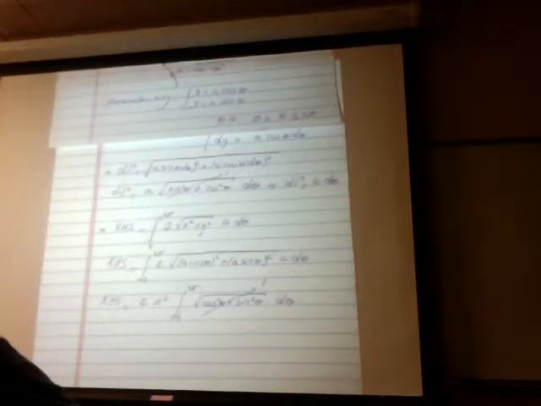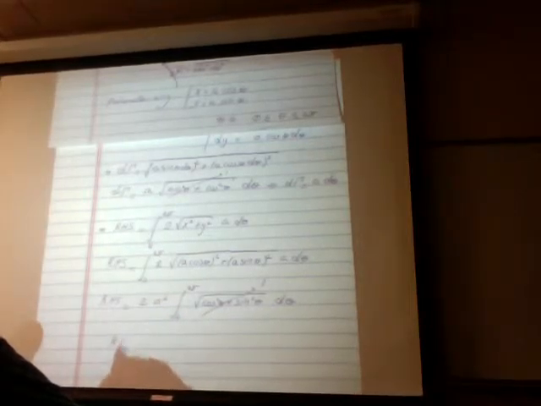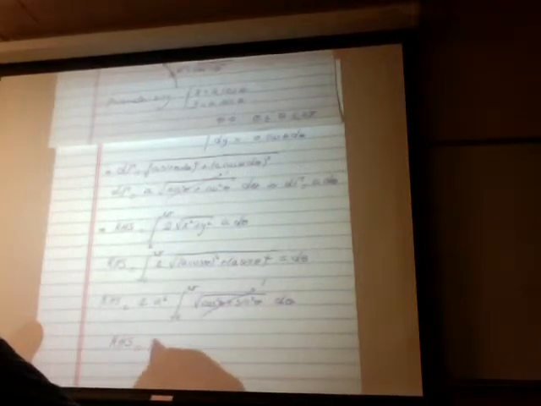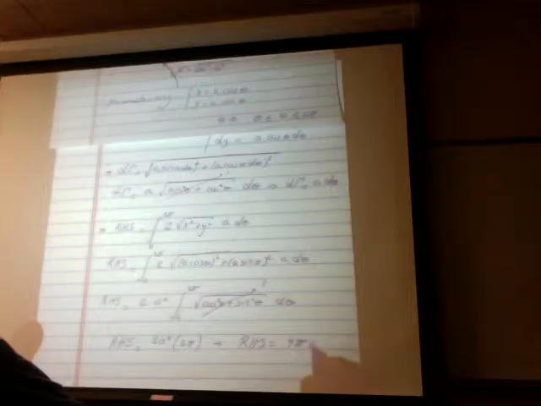And now I'm taking the integral of 1, which is theta, evaluated between 0 and 2 pi, which is 2 pi, right? So the right-hand side is equal to 2a squared times 2 pi, and therefore the right-hand side is equal to 4 pi a squared.